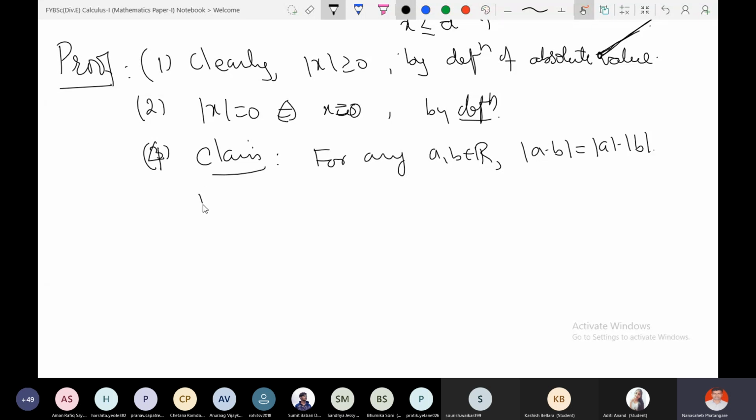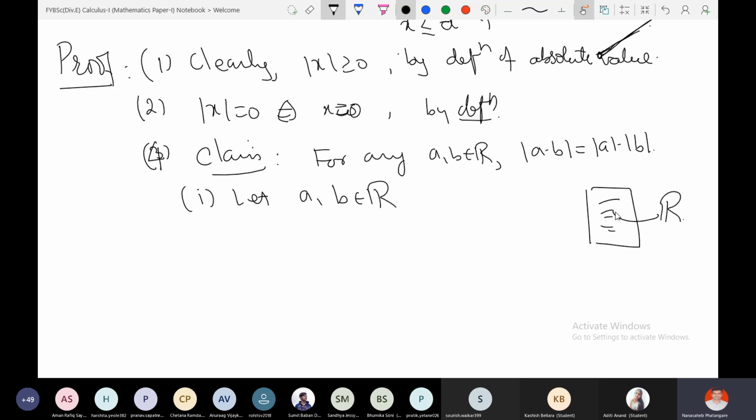Now you can make cases. What are the possibilities? Let me choose arbitrary elements of the set of real numbers. Suppose there is a bag containing all real numbers.